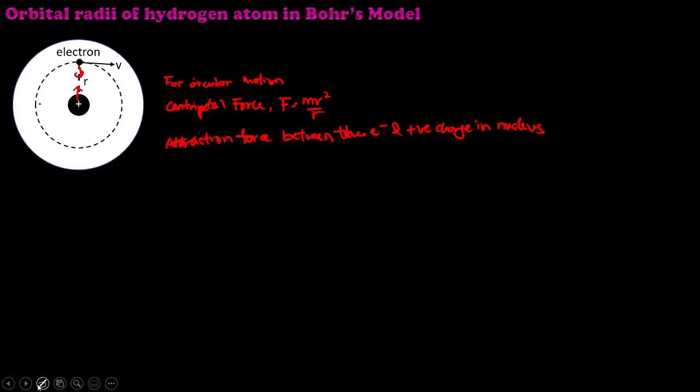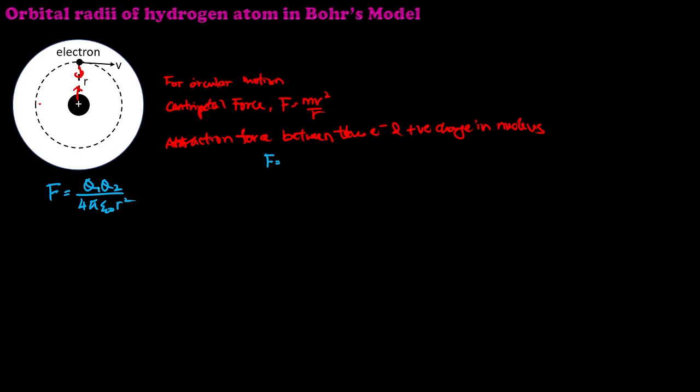So when we have these two charges, we know that the attraction force between charges is Q1 Q2, the multiplication of Q1 and Q2, per 4 pi epsilon naught r squared. So r is the distance between the two charges. Here, the two charges are separated by the distance between the orbit and the nucleus, where Q1 is the charge of the electron, then Q2 will be the charge of the positive charge.